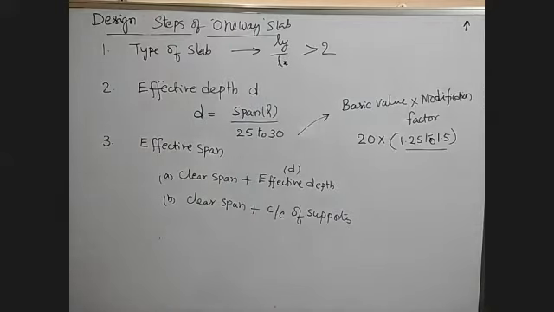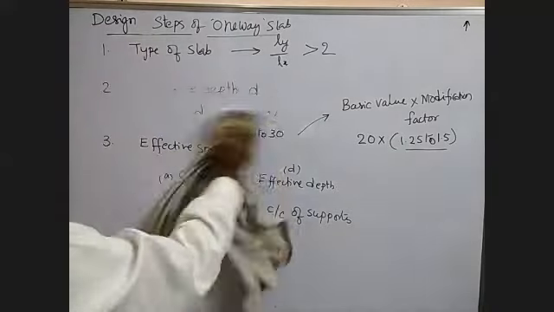Now for the effective span, you have different cases. I'll tell you one by one. The formula for the effective span is the clear span plus d, or the clear span plus center to center of supports.